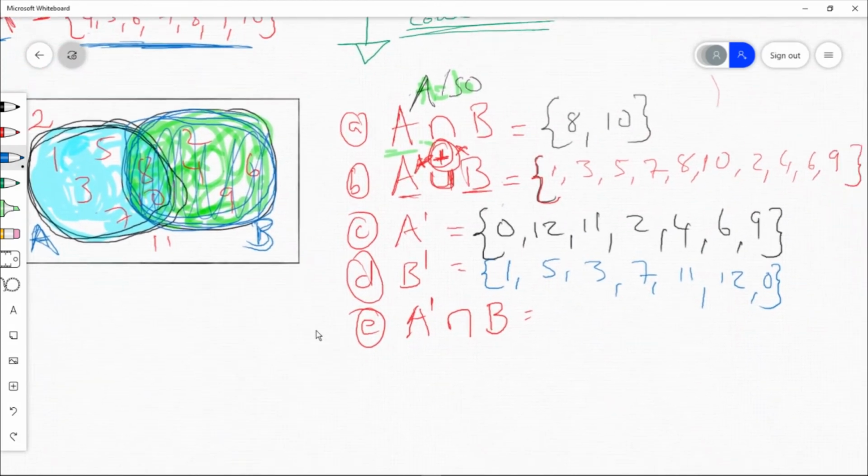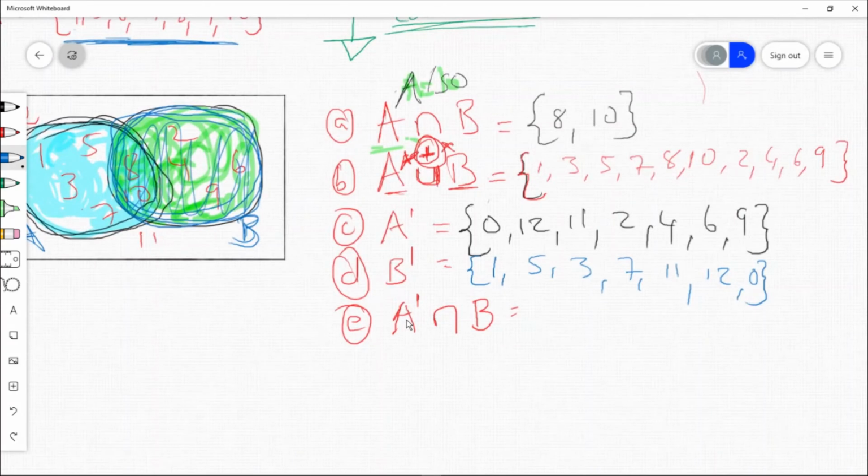So let's try and find the intersect of A naught and B. That means when you see the intersect, you can also just write it somewhere there. So it's something that is not in A. Not in A is all this, right?